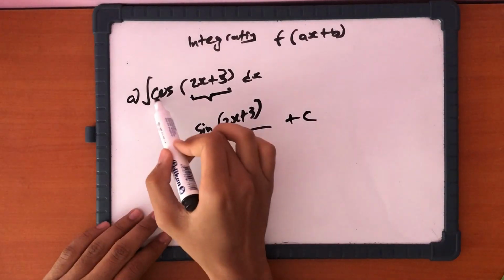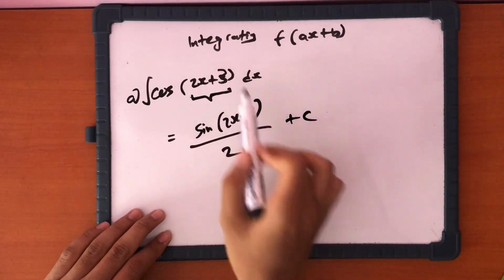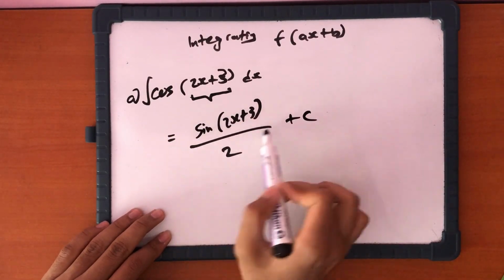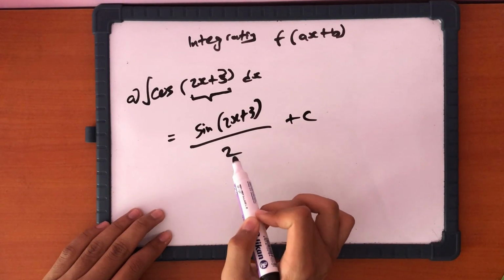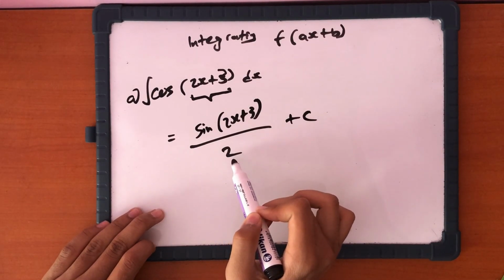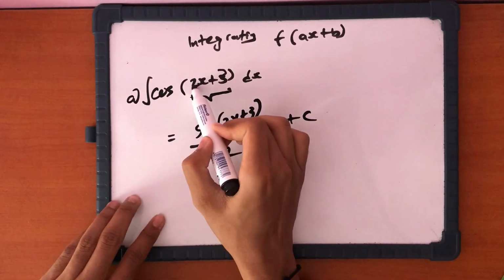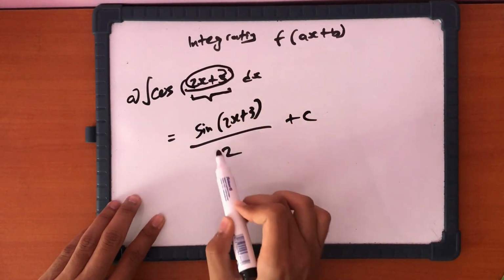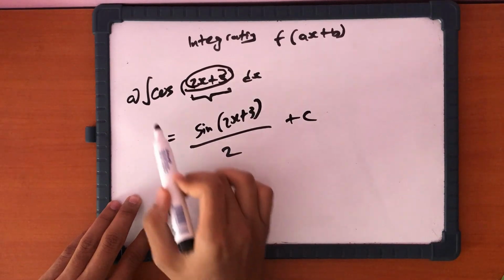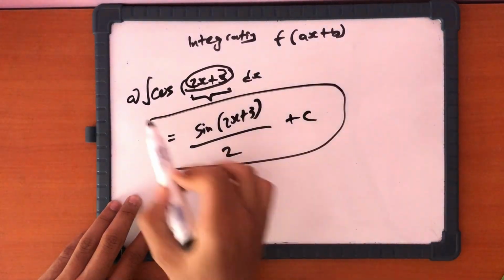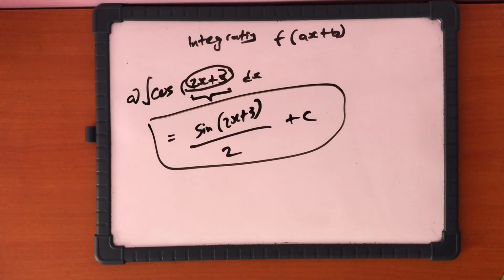So you integrate the outside function to get sine, the inside function remains the same, and then you divide by the derivative of the inside function. You differentiate the inside to get 2 and then divide by that, and this is now the answer of the integration.